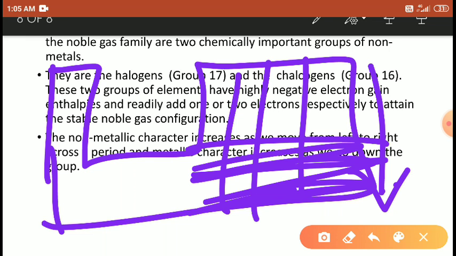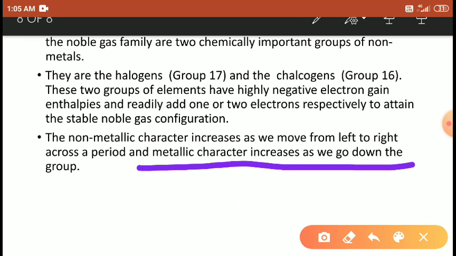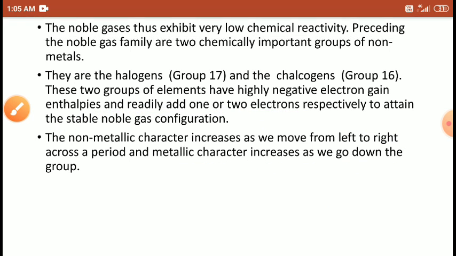It is then easier to remove an electron from the atom. That is why the bottom elements have metallic character: they release electrons more easily. Right, students? So these are the topics.